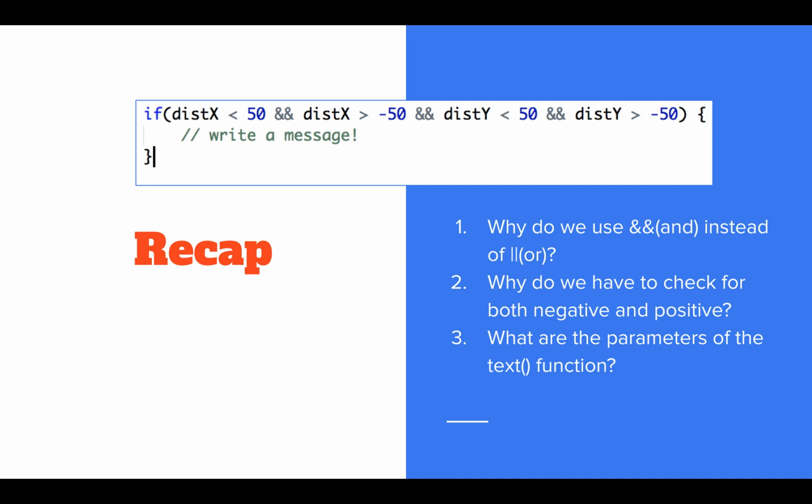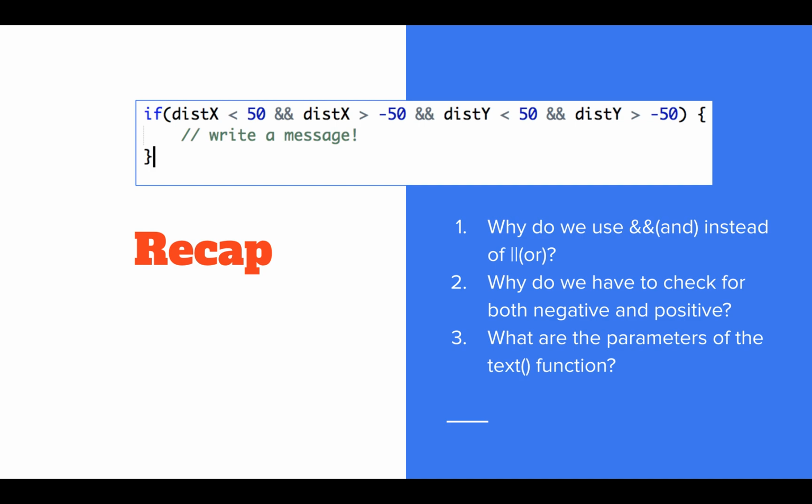In order for it to be within range, because we're making a square with side lengths of 100, and if your cursor is within that square, then it'll show the message, right?